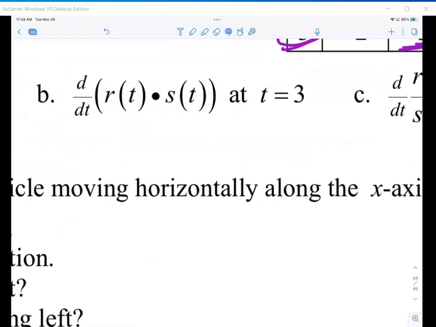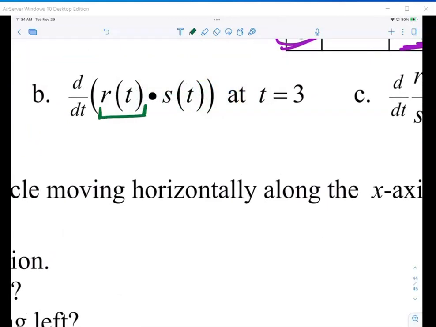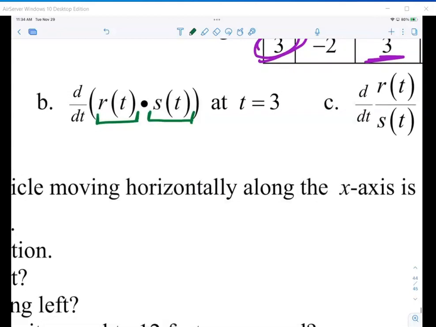Now, for letter B, you guys see this, I actually do have to do a product rule because I'm multiplying. And remember, product rule goes like this. I'm going to go ahead and write it above. The derivative of the first times the second by itself, plus the first by itself times the derivative of the second.